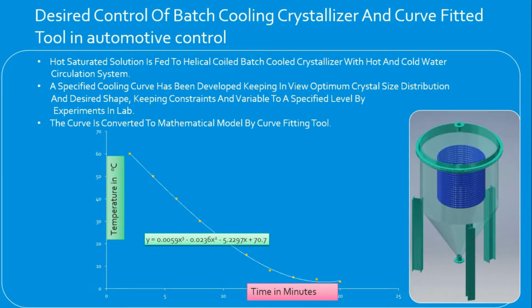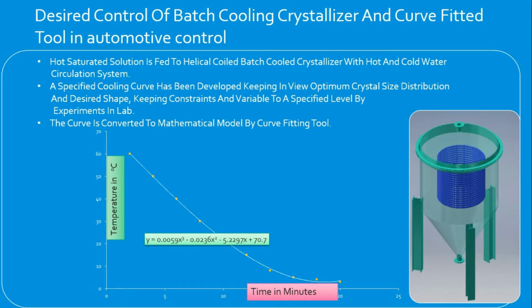In the crystallizer, a hot saturated solution of some type of mineral solution such as calcium chloride and magnesium sulfate is fed to the helical coil batch cooling crystallizer with hot and cold water circulation system. A specified cooling curve has been developed keeping in view optimum crystal size distribution and desired shape, keeping constant and variable to a specified level by experiments in the lab.